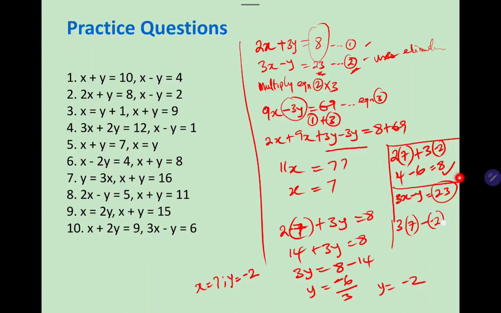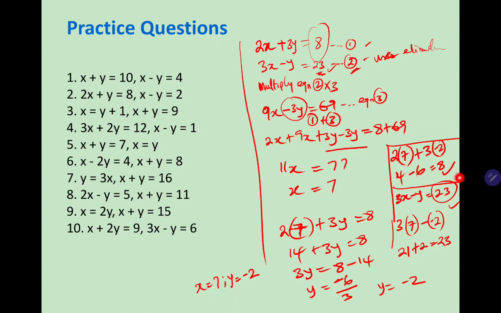Minus 2. Remember, minus minus is equals to plus. So we have 3 times 7, 21. Minus minus is equals to plus, plus 2. Does it equals 23? Yep. So there you are.